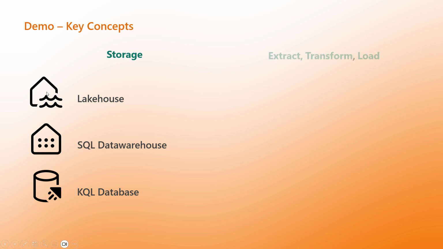Next, let's look at the main functions for extracting, transforming, and loading data. First, let's look at a data flow. A data flow in Microsoft Fabric is a way of getting, transforming, and loading data from different sources and into different destinations. Everything is done through a graphical interface called the Power Query Editor, which exists in Power BI as well, which lets you see the data and the steps you're applying to it.